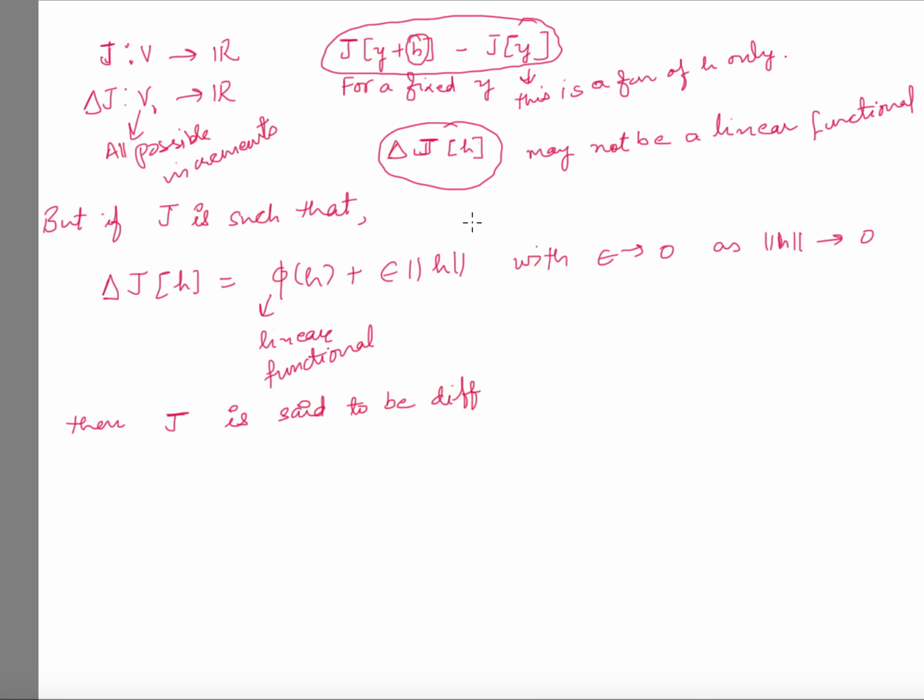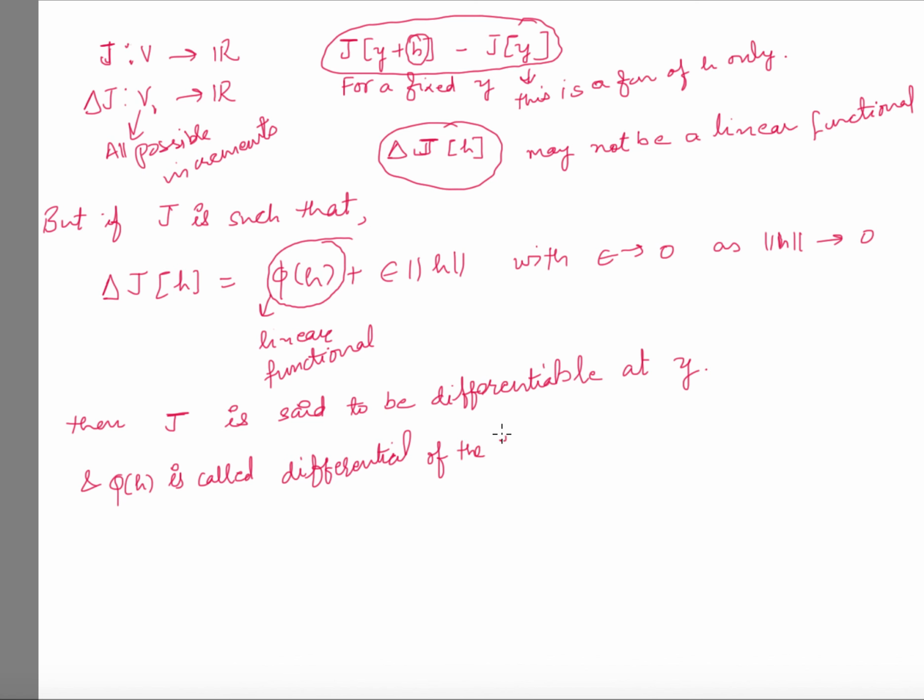We had a fixed y, right? And phi of h is called the differential of the functional, and we will denote it with del j of h. Is that thing clear?